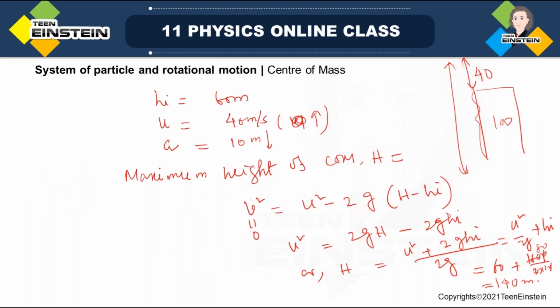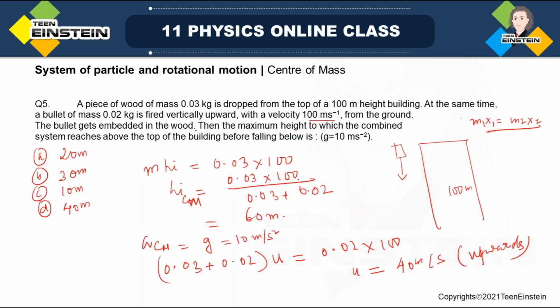Initial velocity we had to find out, and then we had used kinematics. So by kinematics we have come to know that the height will be 140 from the ground, so 40 meter above the tower or the building, above the building.